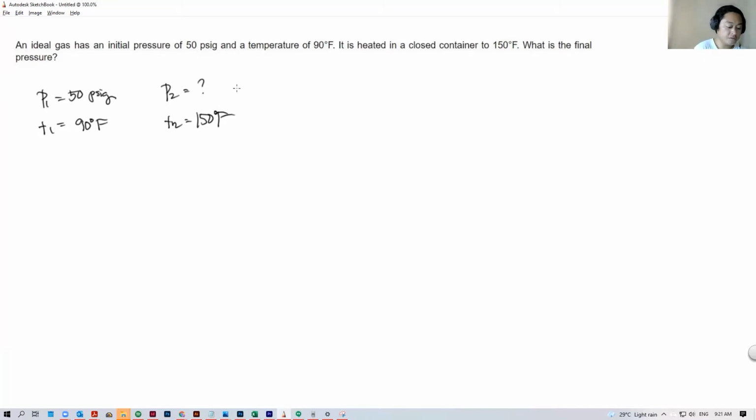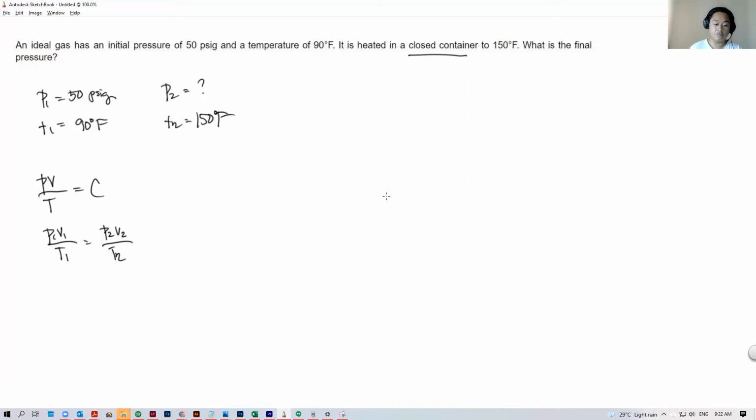Now, we can use the combined gas law here, which states that PV over T is constant. So this means that P1 V1 over T1 is equal to P2 V2 over T2. Now, take note that the container is closed, so there's no mass coming in.